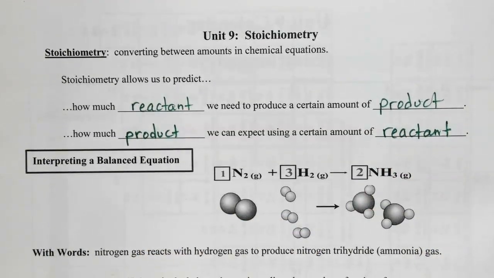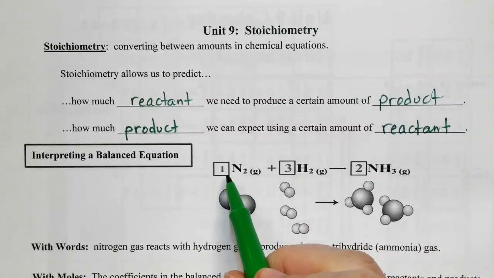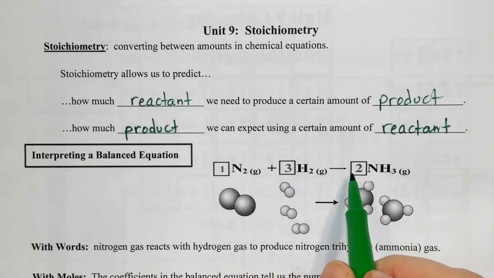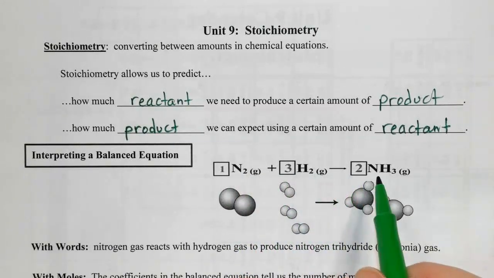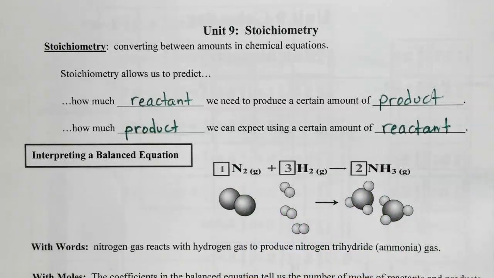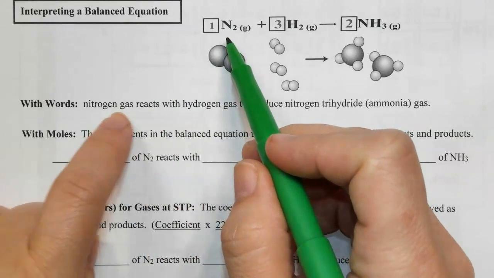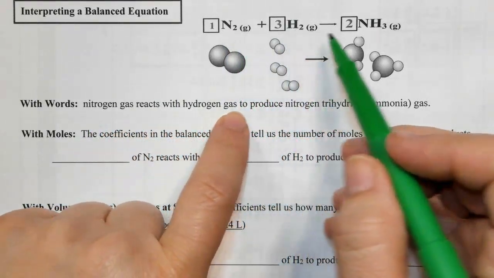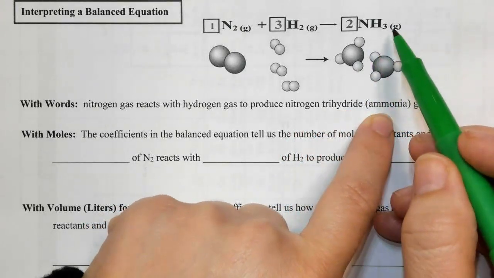So when you interpret a balanced equation, we have the coefficients, for example in this reaction, 1, 3, 2, and there are several things we know about the amounts of these reactants and products based on the coefficients. With words, we would read this as nitrogen gas reacts with hydrogen gas to produce nitrogen trihydride, also known as ammonia gas.